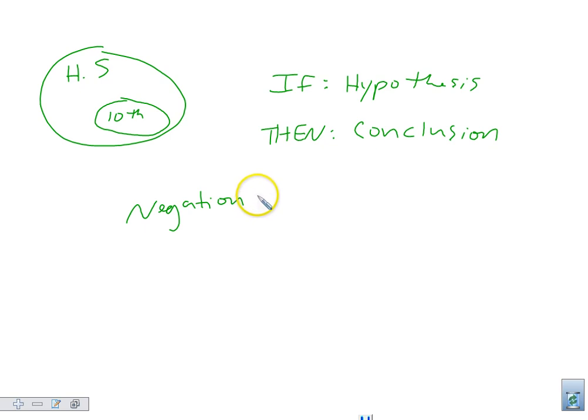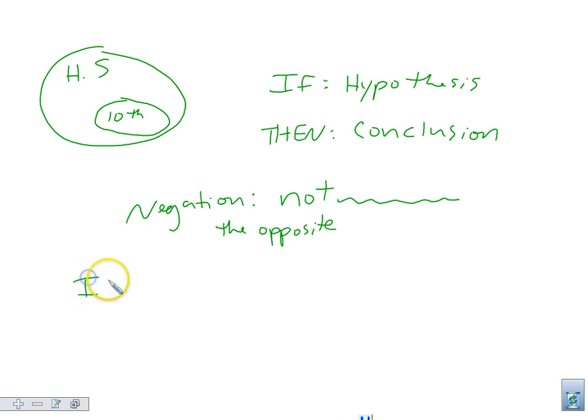Alright, hopefully you wrote down your own ideas. But a negation is basically just saying not blah blah blah. So the negation is the opposite. And there's a special symbol that we have to write the negation. So suppose we had, if I go to the gym.